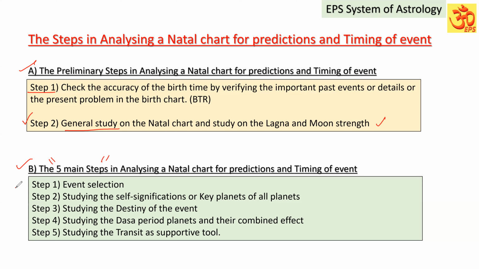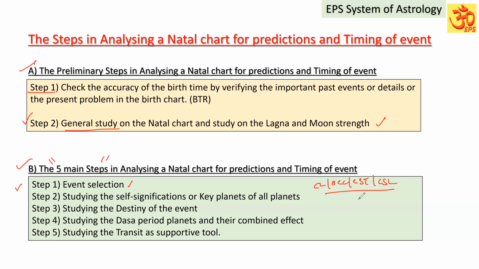Step number 1 in that, event selection. According to the event for which we are going to analyze a chart, we have to select that event in the software. Because in the software, for example, each and every planet will have cuspal lordship, occupying house, cuspal star lordship and cuspal sublordship houses. These houses will remain the same irrespective of any event. The houses signified by a planet can be favorable for one event and may be unfavorable for another event.